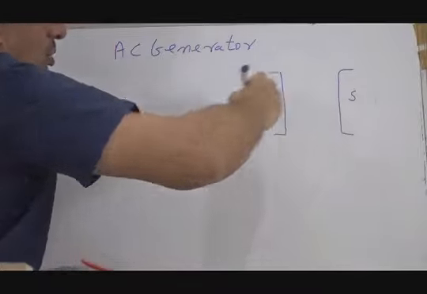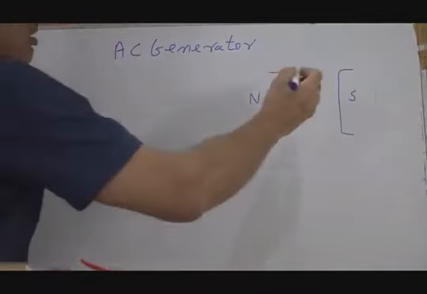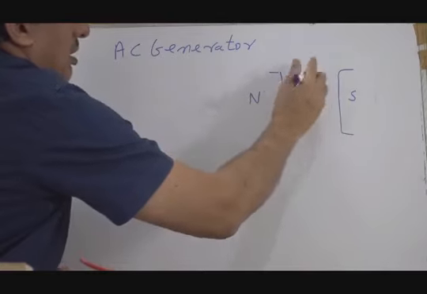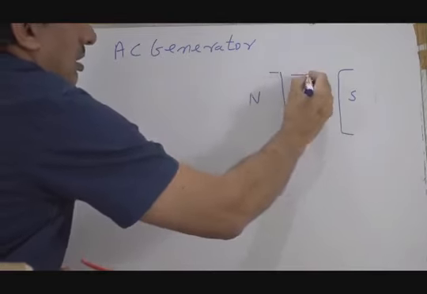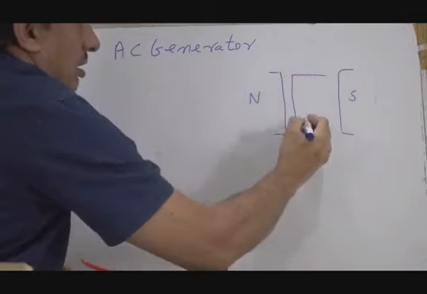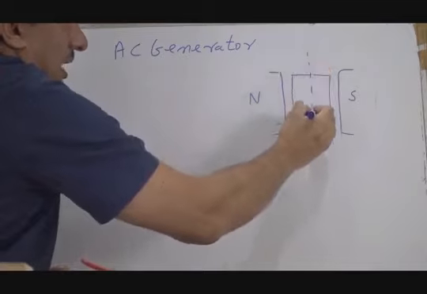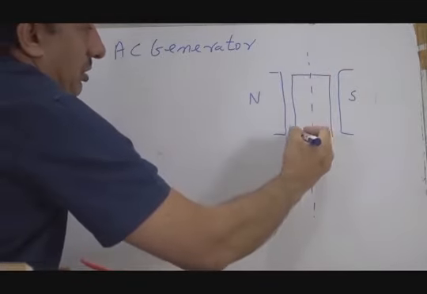That one is South Pole. And the coil is placed in between. This is the axis on which it can rotate.